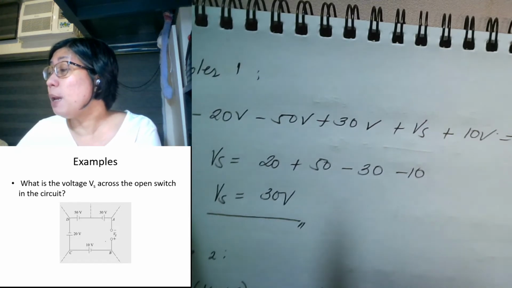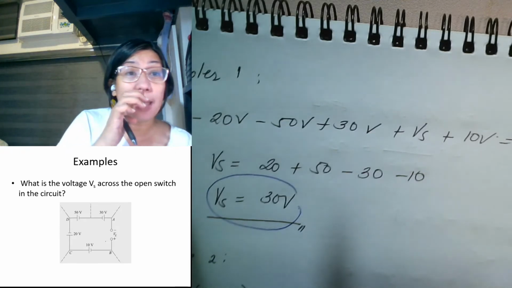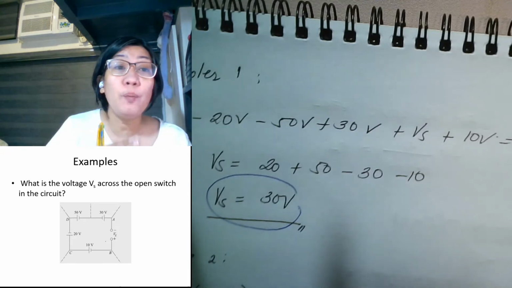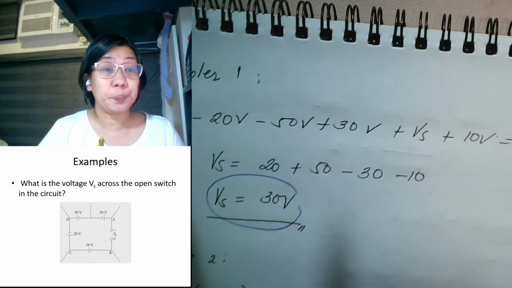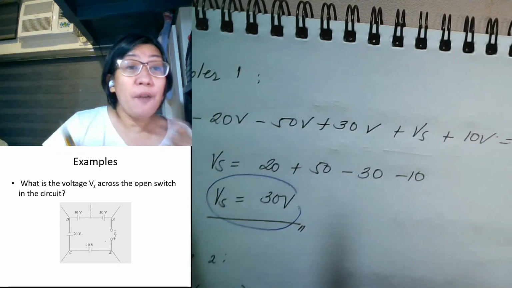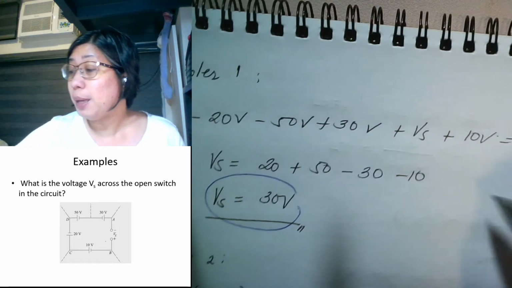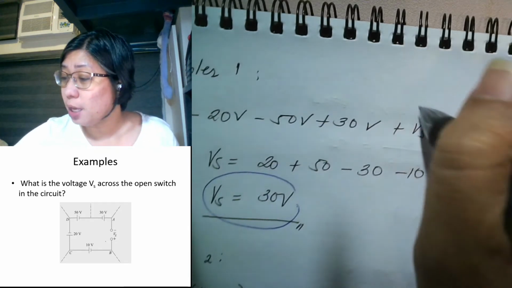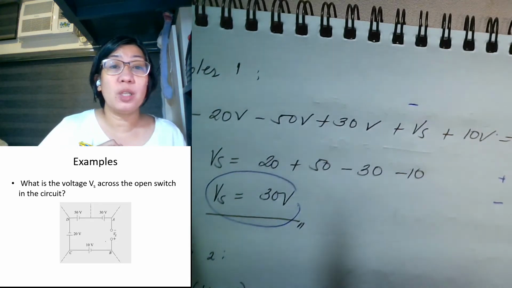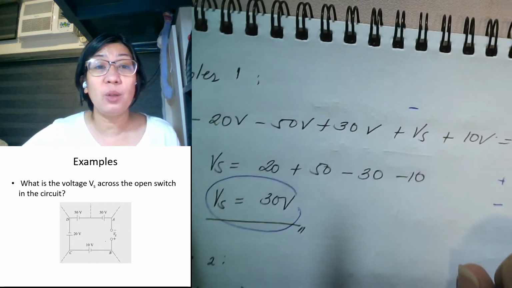So what do we mean by positive 30 volts here, class? We got a positive answer. That means the assumed direction of Vs, which is minus plus, is correct. However, if that is wrong, let us say it becomes plus minus, then your Vs here will become minus, so we will be transferring that to the other side.